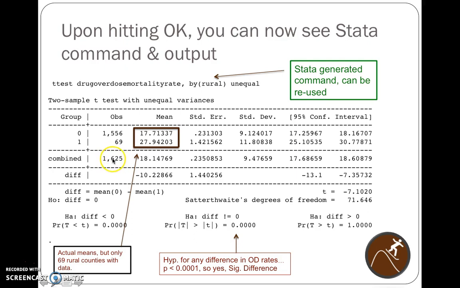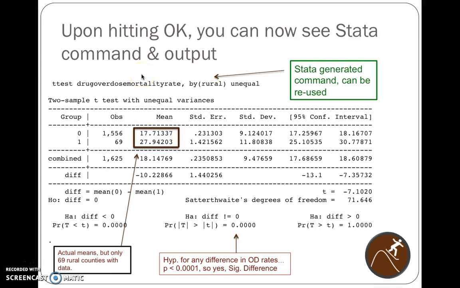We lost a whole lot because of maybe suppressed data, not enough cases in that county, that it didn't have data on overdose rates for a lot of rural counties.